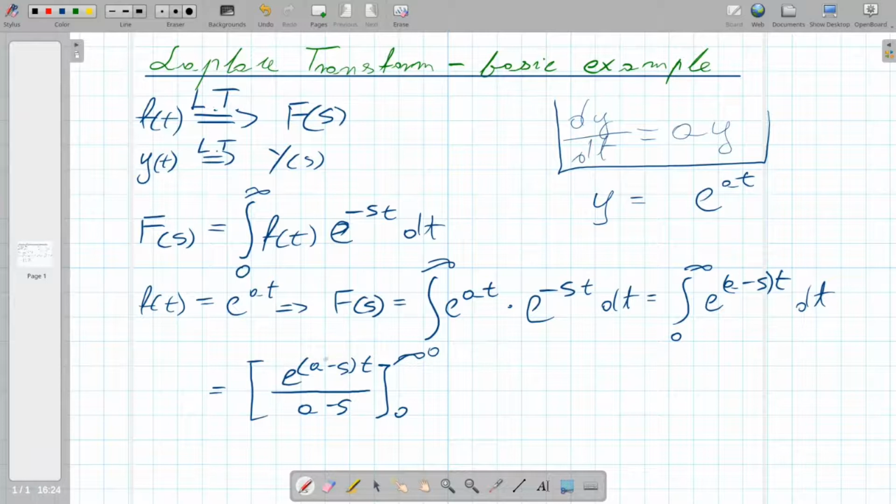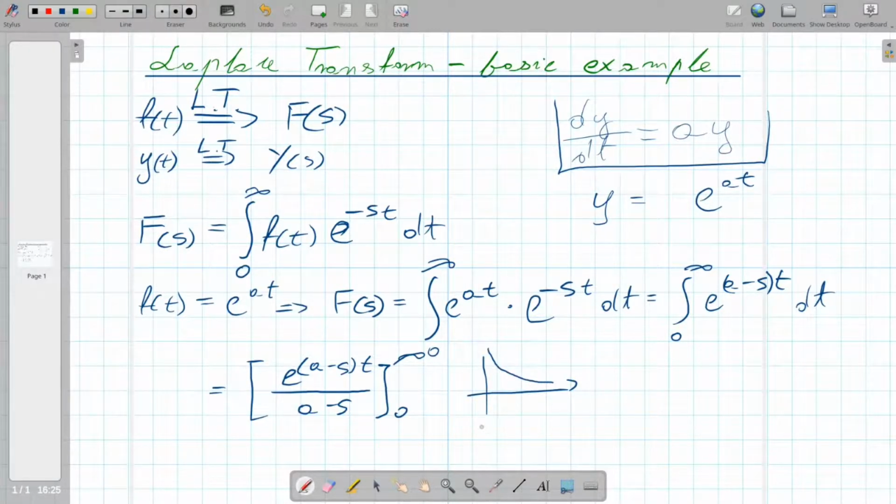In the other situation, when s is bigger than a, this expression is negative, with a minus in front of t, so it decreases to 0 when time goes to infinity.